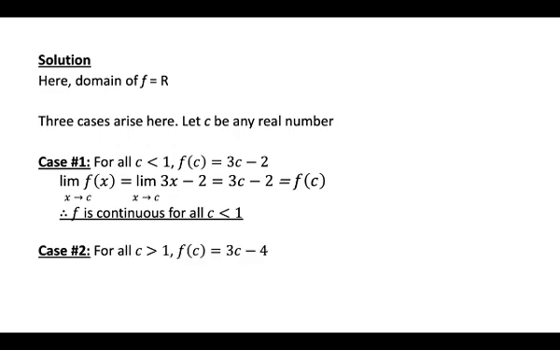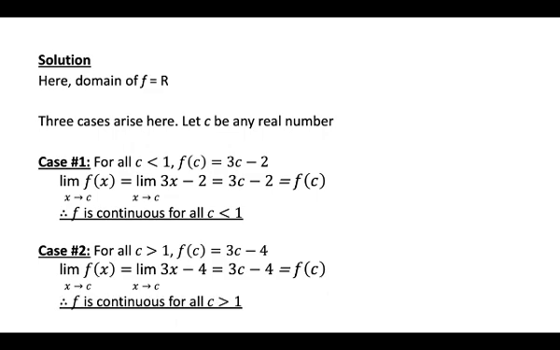Case 2: for all c greater than 1, f(c) equals 3c minus 4, and limit x tends to c of f(x) equals limit x tends to c of (3x minus 4), which equals 3c minus 4, which equals f(c). So f is continuous for all c greater than 1.